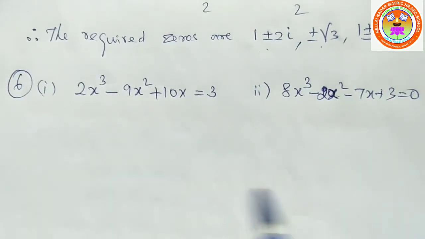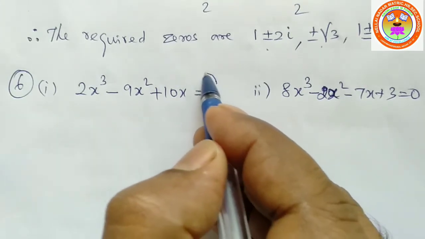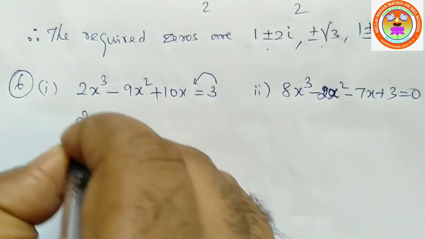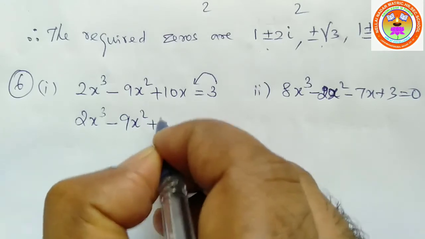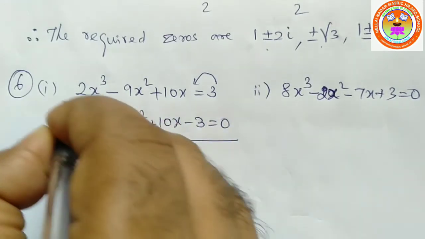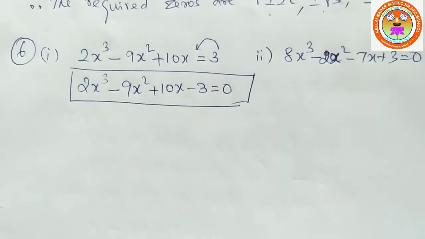So before that, we can make this into the standard form. We can bring this constant term into the left hand side. So it will become 2x cube minus 9x square plus 10x minus 3 is equal to 0. First we want to write only the coefficients.